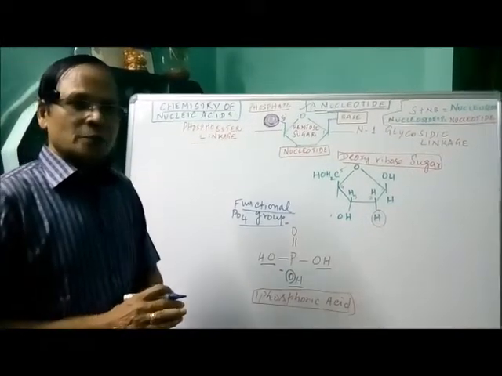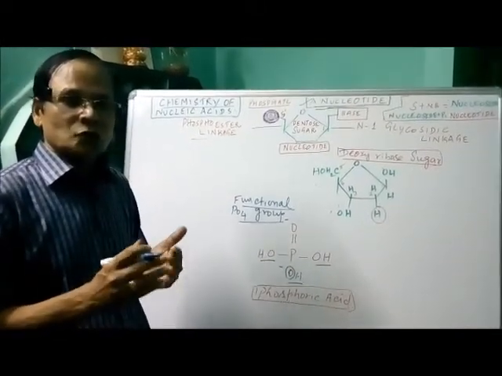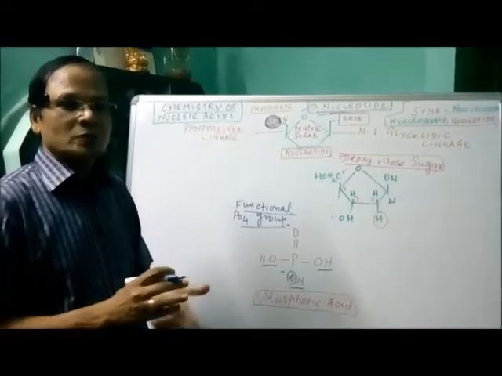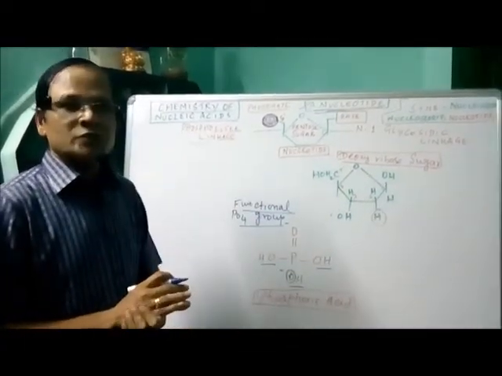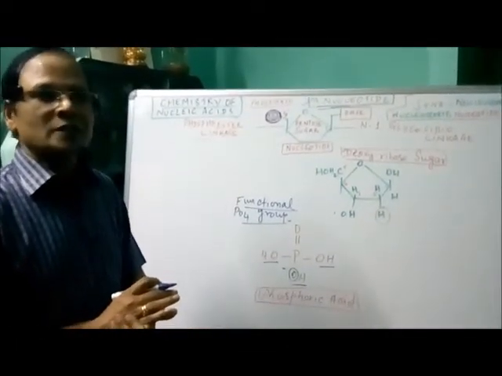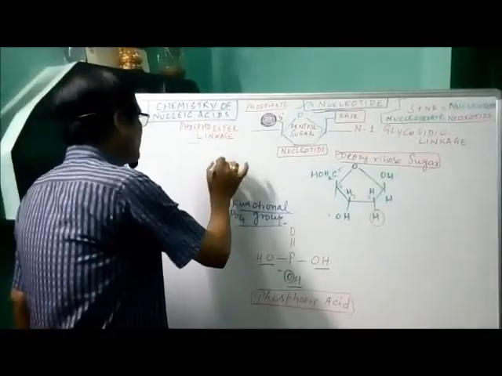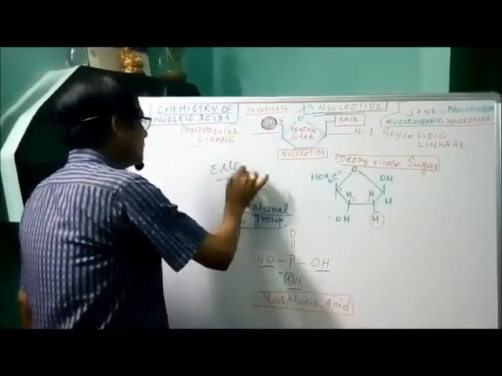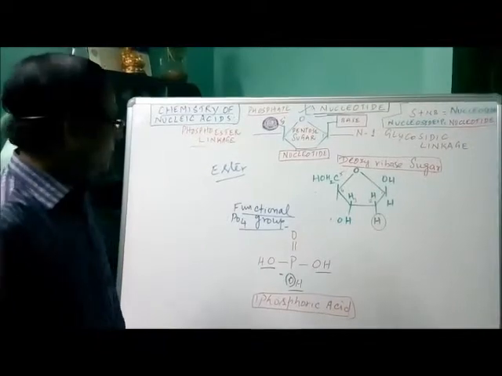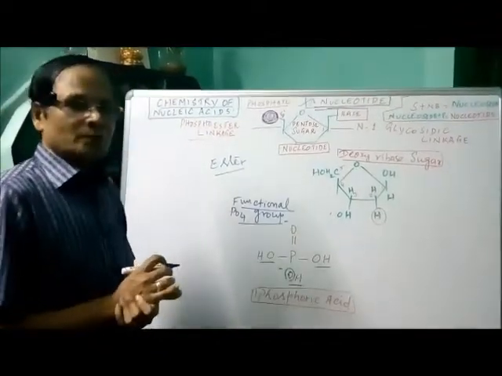Now the phosphate molecules in the nucleic acid are joined together by means of what is called an ester bond. The bond between the phosphates of adjacent nucleotides is called the ester bond.